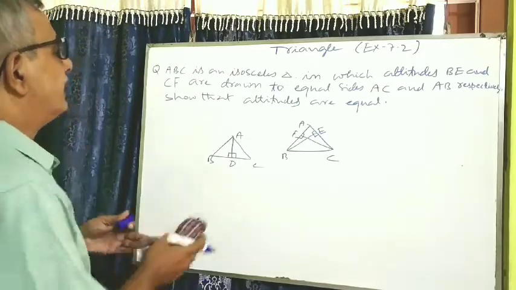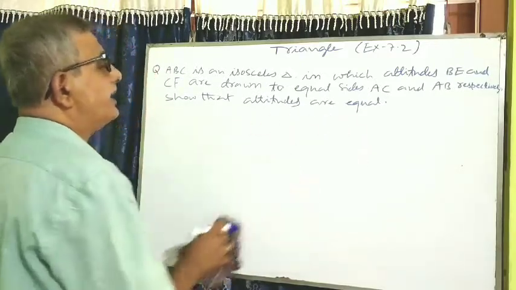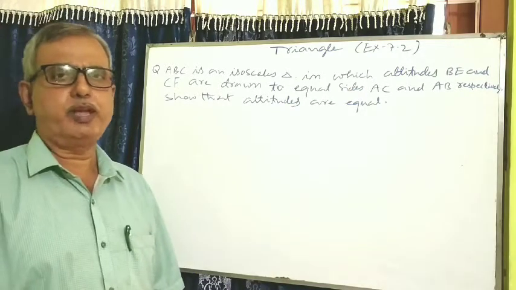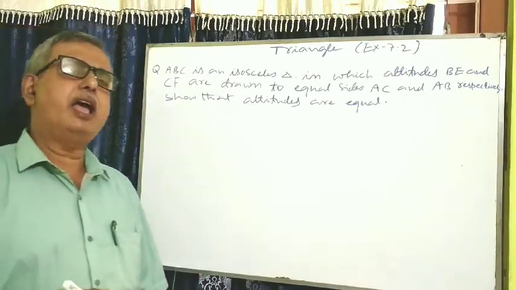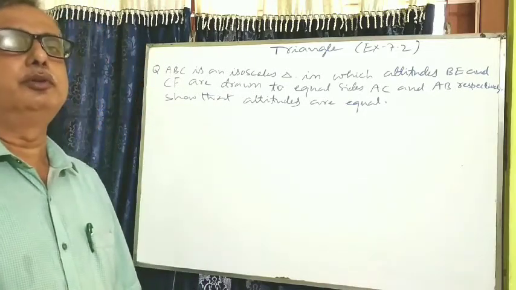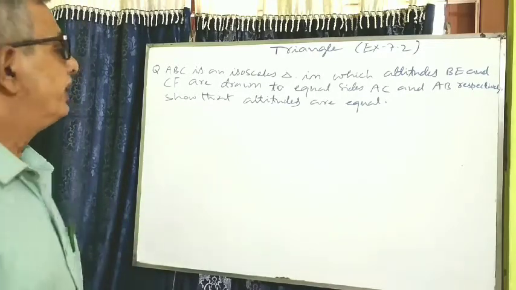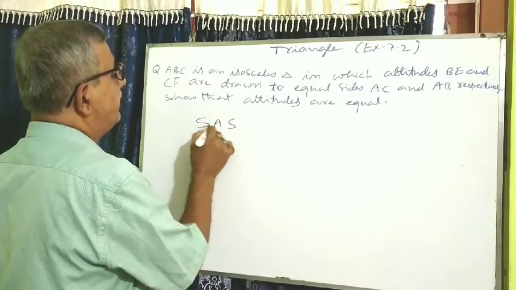My dear students, under what conditions are two triangles congruent? At the start of the chapters, when I started discussing them, I told you. Again, I am repeating that. Here you see side angle side. What do you mean by this?